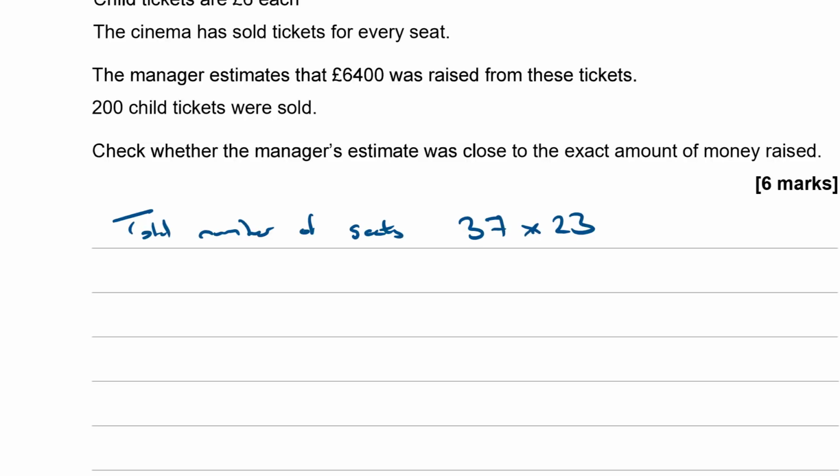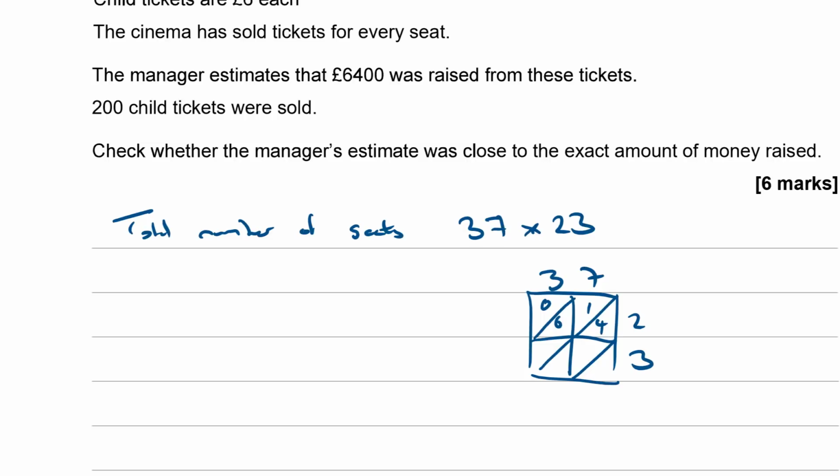I tend to recommend students use Napier's bones. So I'm going to quickly do that. So a little grid like that with diagonal lines drawn in. So 37 along the top, 23 down the side. 3 2s are 6, 7 2s are 14, 3 3s are 9, 7 3s are 21, and then with Napier's bones you add up along the diagonal, don't you?